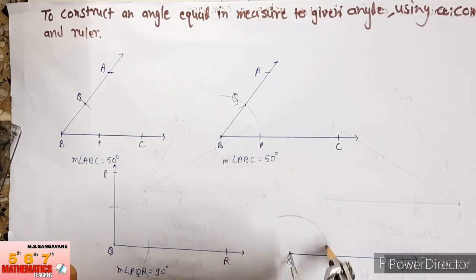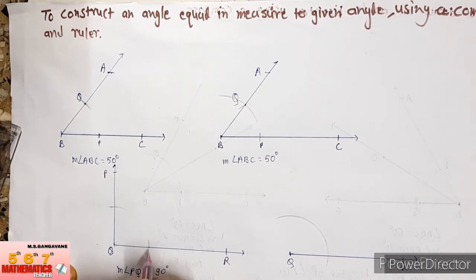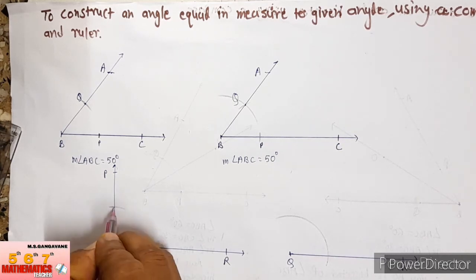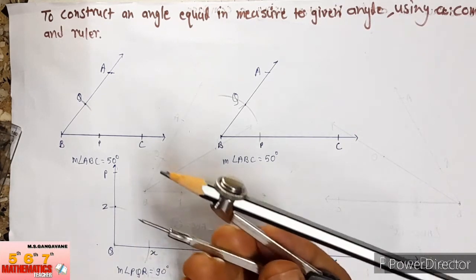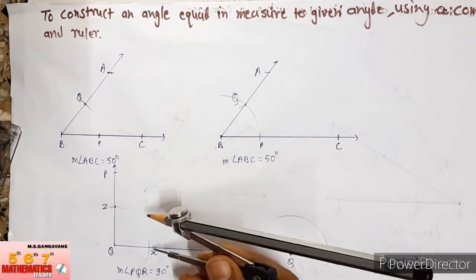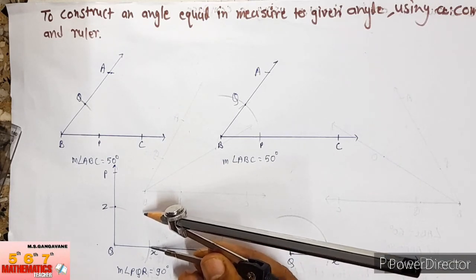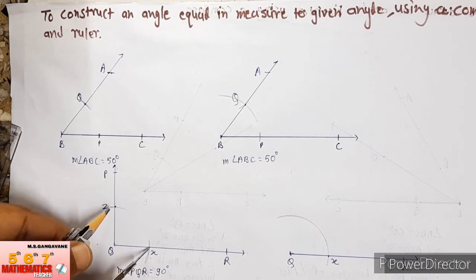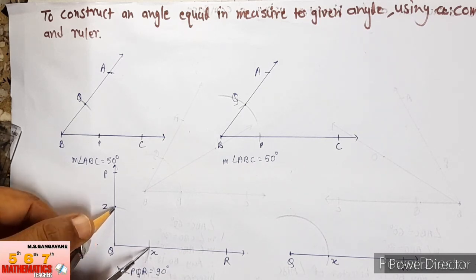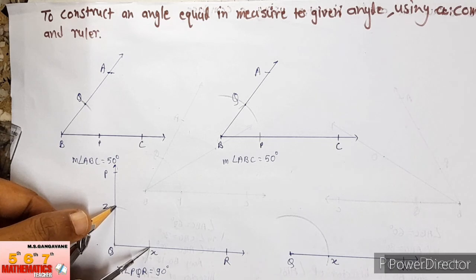Okay. Do you understand? Very good. Now here are the point X. Here are the point Z. Now again use the compass, the metal point on X and the pencil point on Z, done.